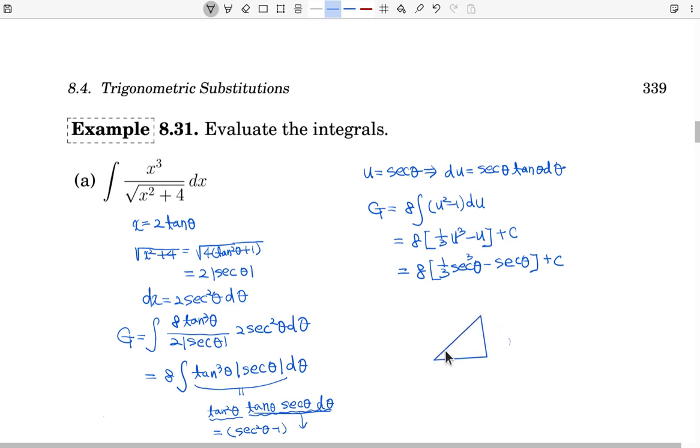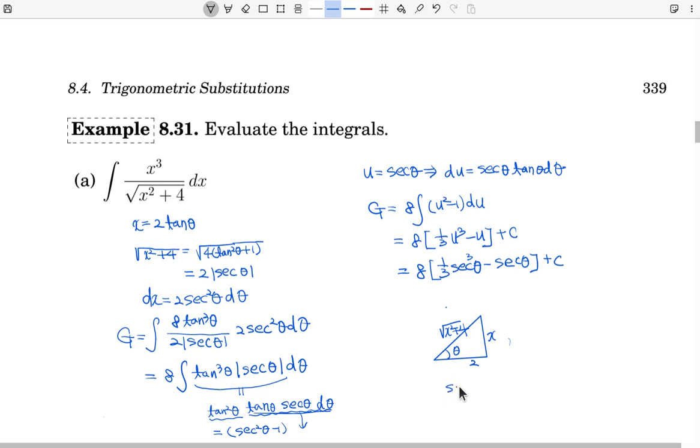Okay, now that is theta, and here tangent theta is x over 2, so that is x over 2, right? That is tangent theta, and the hypotenuse must be square root of x squared plus 4, right? Now sec theta is that ratio.